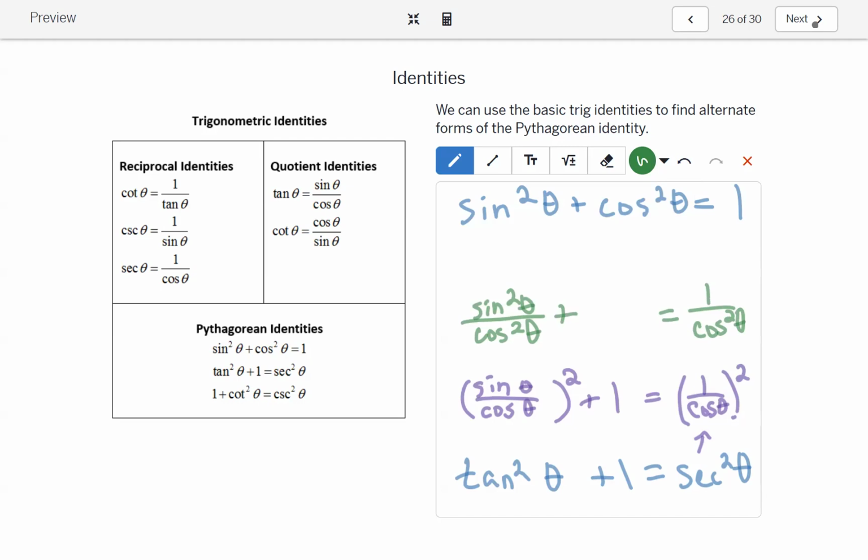So now let's pattern match a little closer. I started with sine squared, then I do some stuff, and then I have sine squared over cosine squared. On the right, I started with 1, some stuff happens, and I end up with 1 over cosine squared.